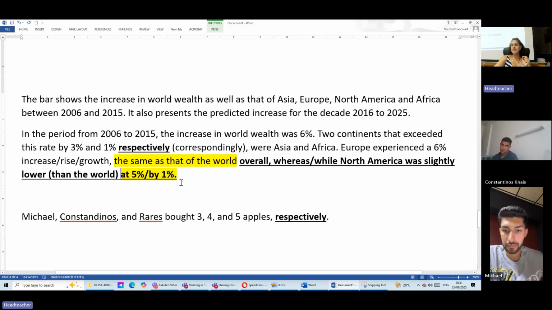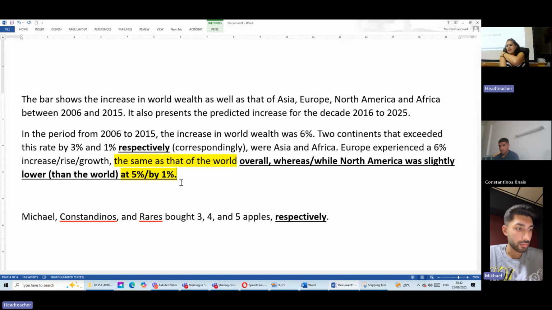Okay, there is a purposeful mistake in this sentence. "Was slightly lowest at 5%," like to make it superlative. Constantino, do you understand what Michael said? Yes, change the lower and make it lowest, like to use the superlative.